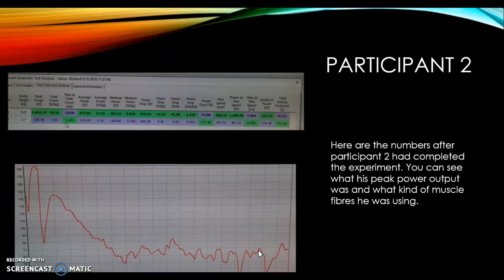This is probably due to the fatigue level taking place. From the two results, you can see that participant 2 had the higher output of power and also the highest decrease in power. This can show that both participant 1 and participant 2 were working with mostly fast twitch muscle fibers.